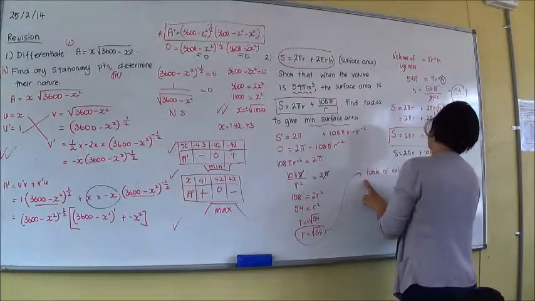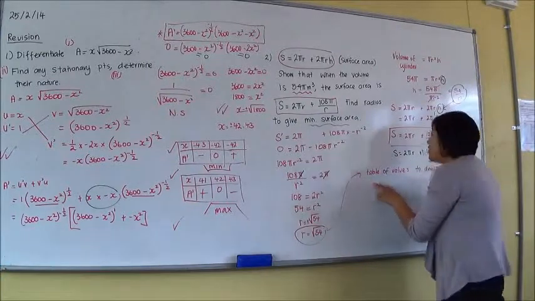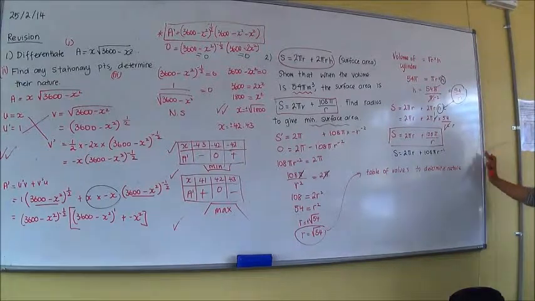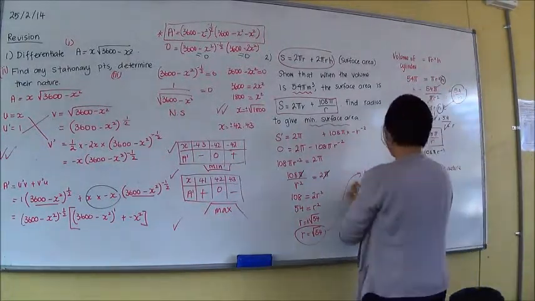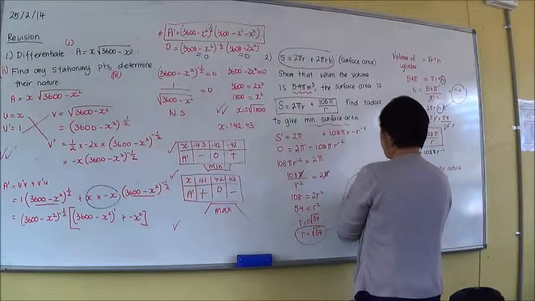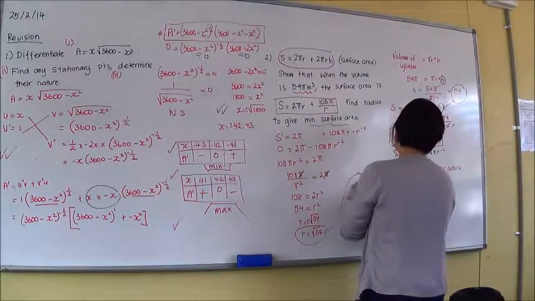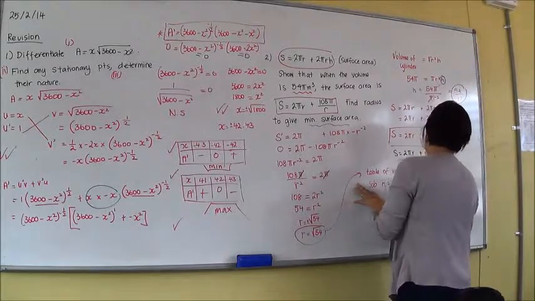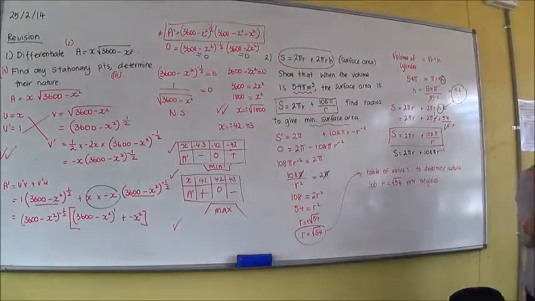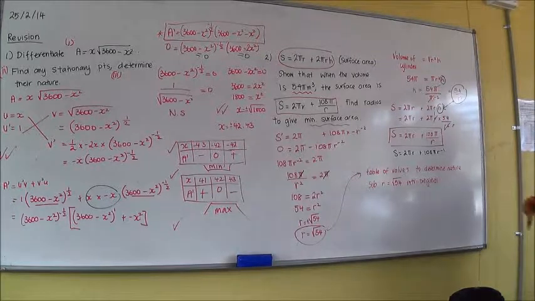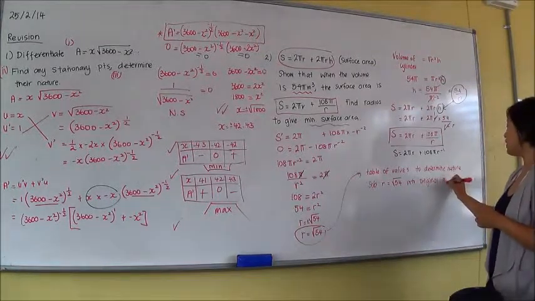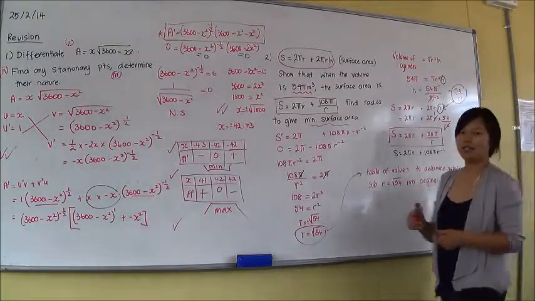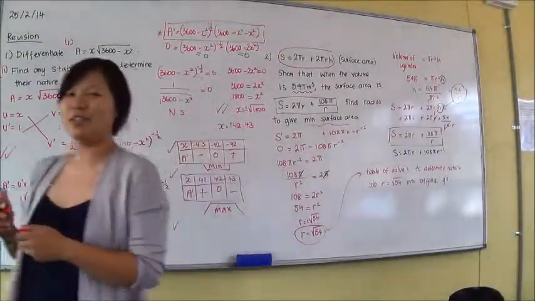Determine its nature, and once you determine it's indeed a minimum turning point, substitute r equals root 54 into the original. Why is it a plus or minus? Because radius is a length, and length can't be negative. So substitute into the original equation, and then that's done. I got 7.34. No, it's the other one.